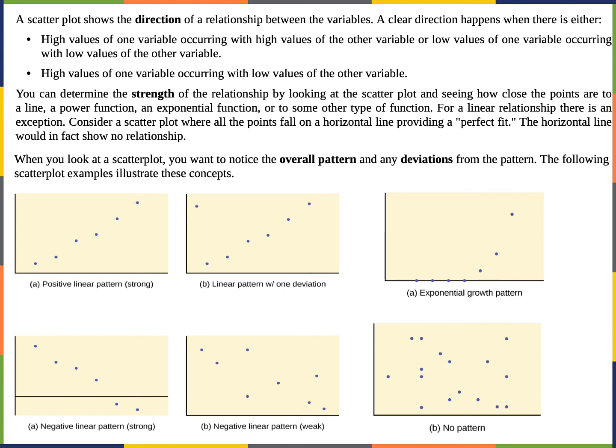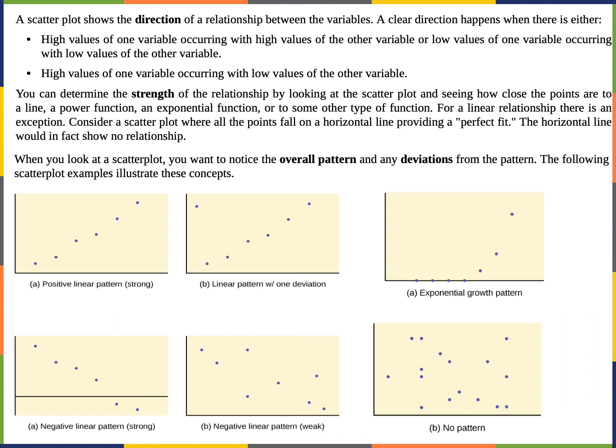You can see for yourself that they go in an almost linear pattern, and it's very close. So we call this a positive strong, and this a negative strong linear pattern. And why would we call this positive and this negative? Well, because here it's increasing, so if I drew a line to approximate this, it would be a line with a positive slope. And in this case, it would be a line with a negative slope, of course, because it's decreasing.